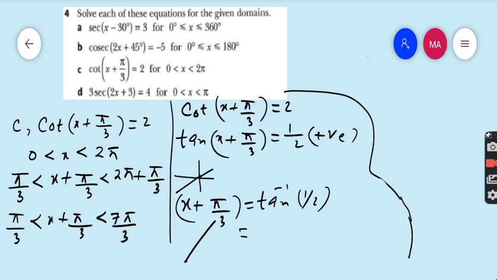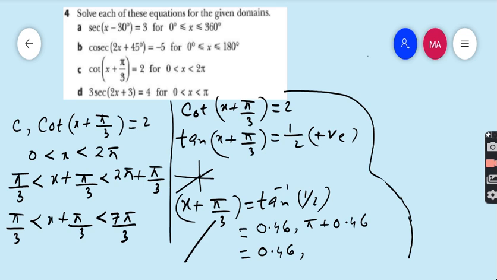So tan inverse 1 upon 2, when the calculator is in radian mode, the first value is 0.46 and the second value must be pi plus 0.46 because tan is positive in the first and in the third quadrant.